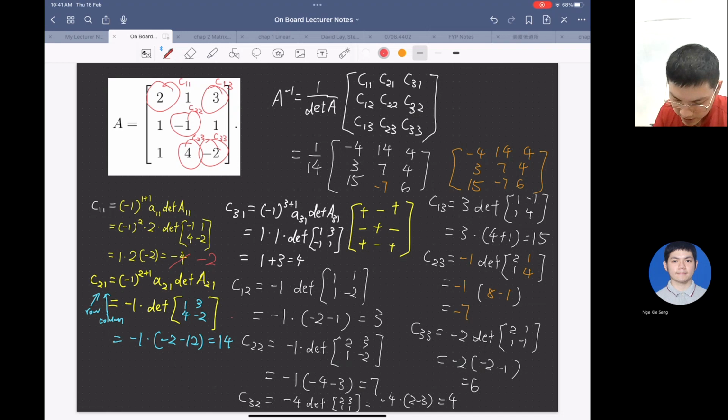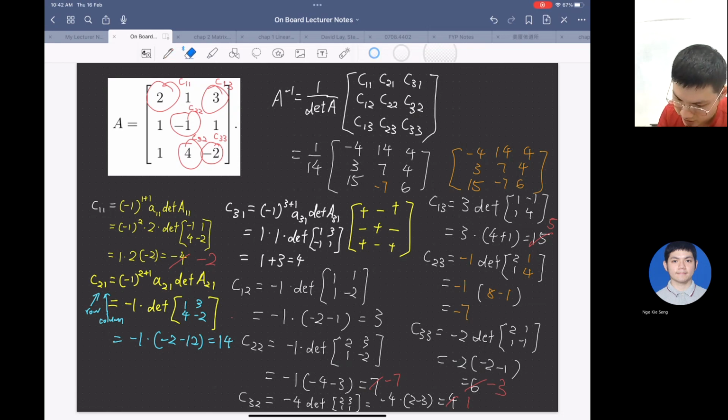So C13 become 5, okay, and then C22 become -7, and then C23 become, wait, this is C32, sorry, C32. So C32 become 1, and then C33 become -3.